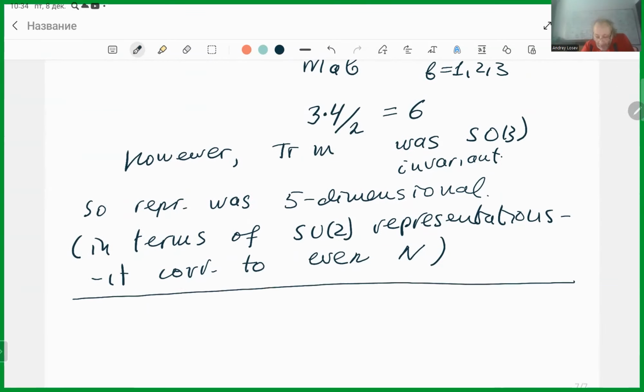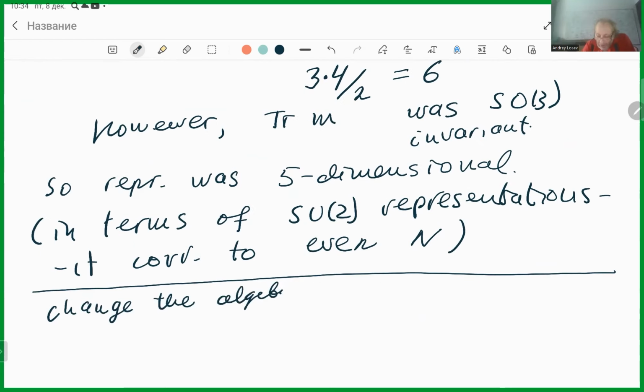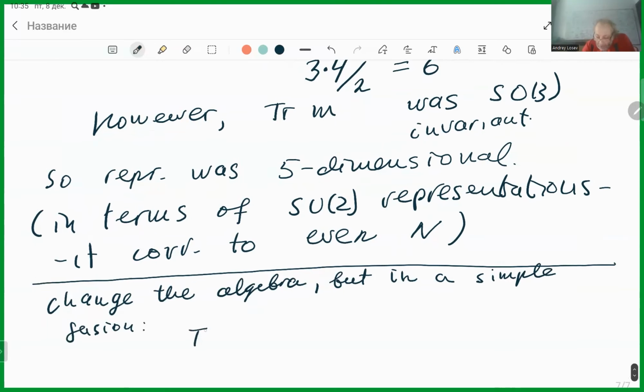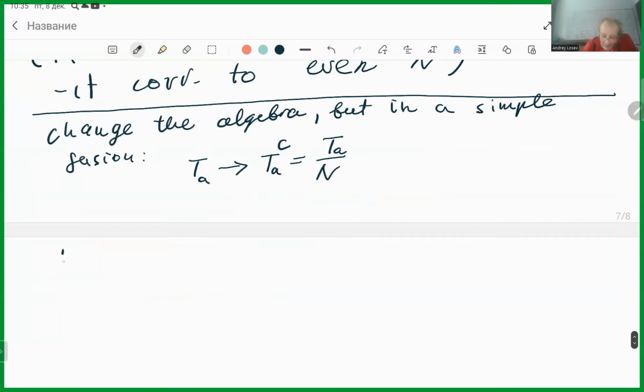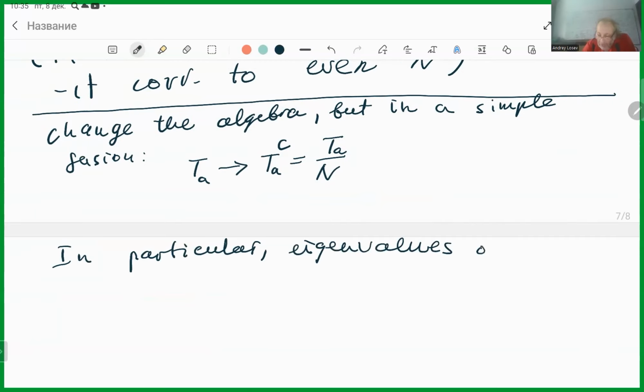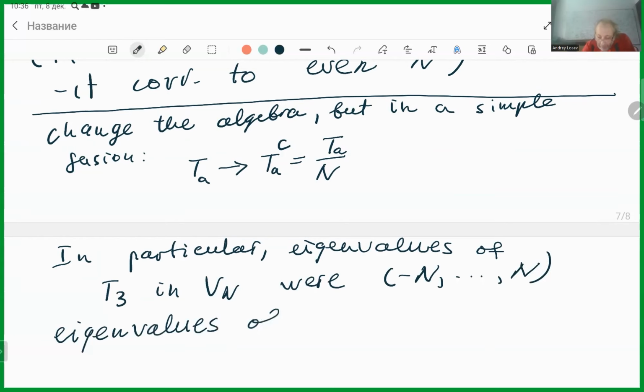Now, what I would like to start to do is to change the algebra, but in a simple fashion. I will go from T to what I call T classical, that would be T over n. In particular, eigenvalues of T3 in Vn were minus n up to plus n.